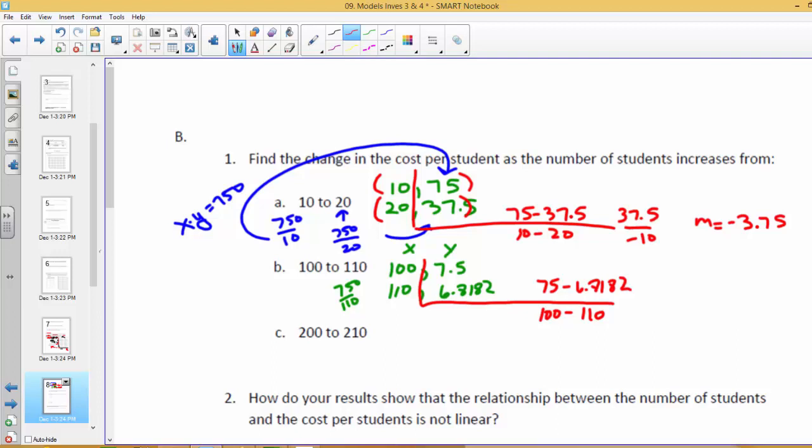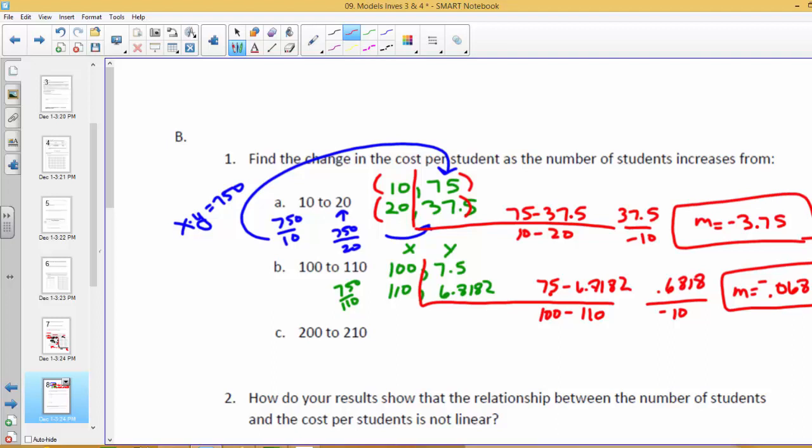So 7.5 minus 6.8182, I'm using a calculator here, is 0.6818, divided by negative 10. So the slope here is negative 0.06818. That's even smaller.